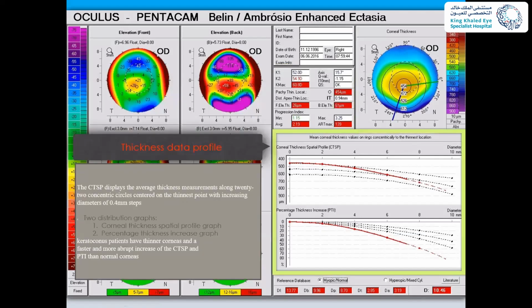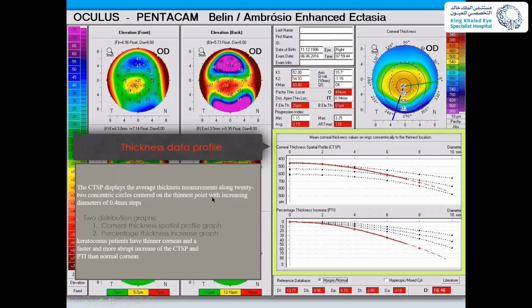And this is the spatial thickness, how the cornea gets thicker or thinner as it moves away from the thinnest point, okay? So it does two things. One is the CTSP, corneal thickness spatial profile, which measures the thickness as it moves away from the thinnest point, okay? And if you look at the graph itself, it tells you there is suddenly an abrupt change.